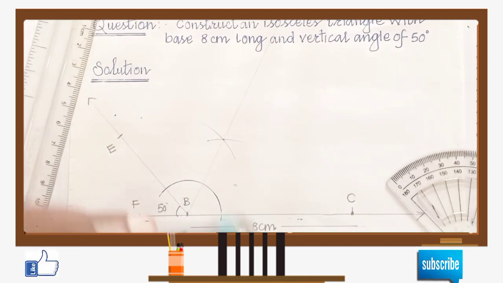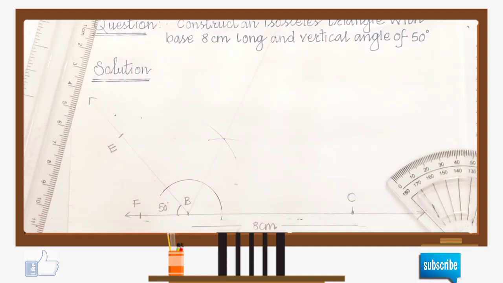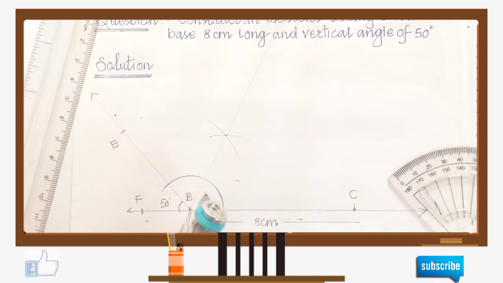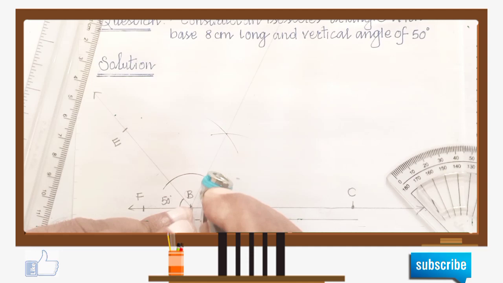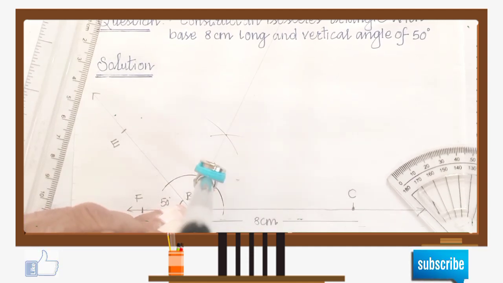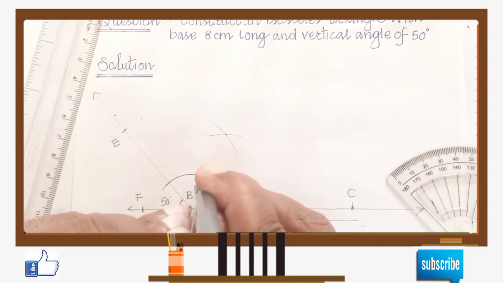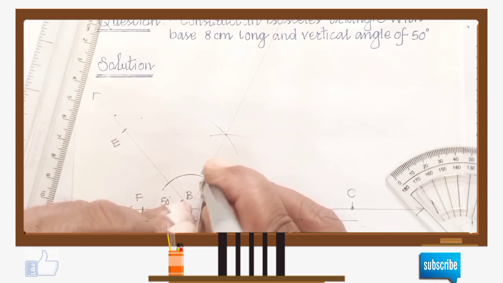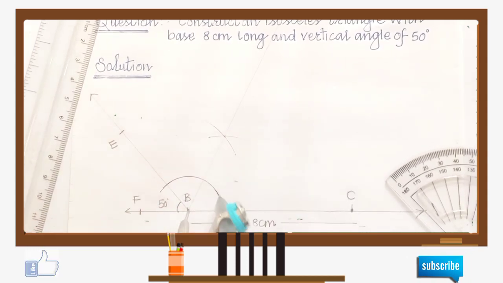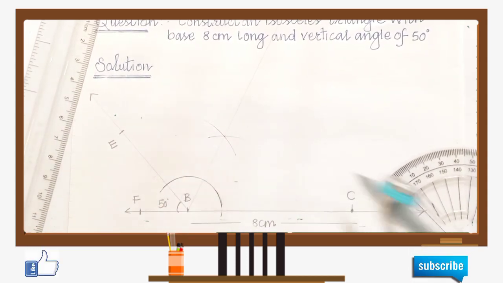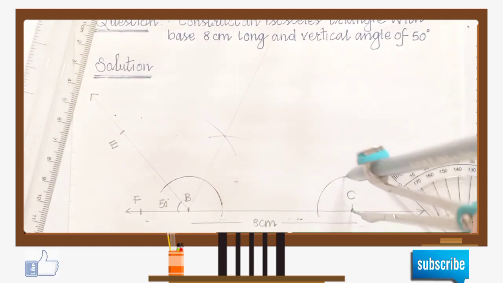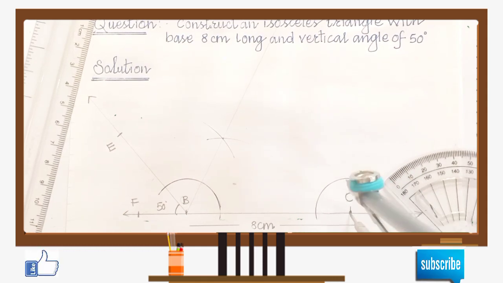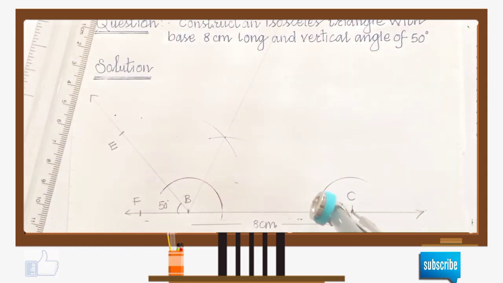Now you see here, you take the same distance here in this way. We have taken this distance, this arc. With the help of this, you draw an arc in this way. देखिए कैसा आर्क लगाया हमने इस प्रकार.